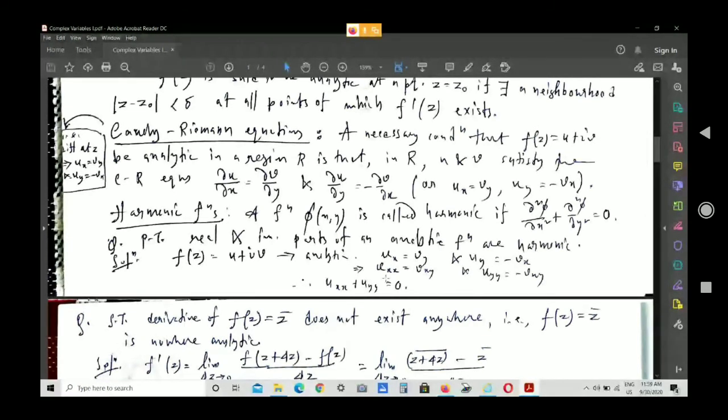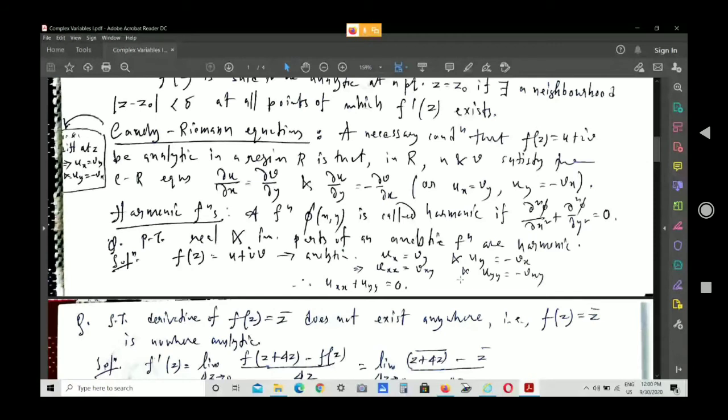So ux equal to vy, therefore uxx is equal to vyx. Similarly, uy equal to minus vx, so uyy equal to minus vxy. Therefore, if you take their sum, uxx plus uyy, they are getting cancelled and you are having 0.